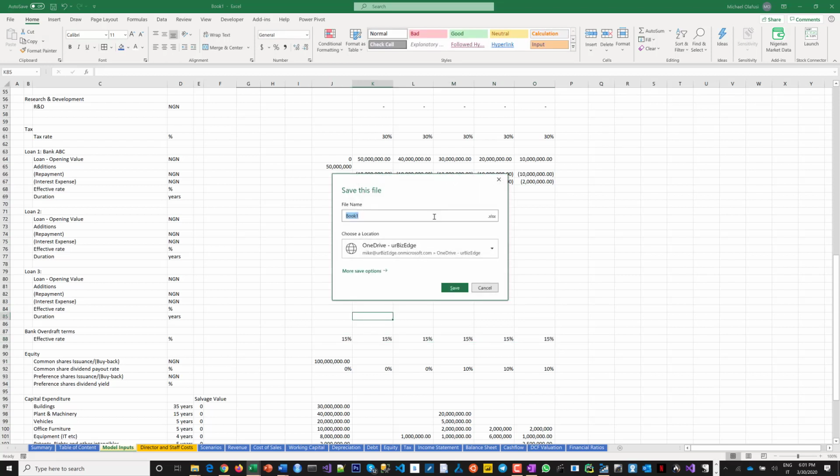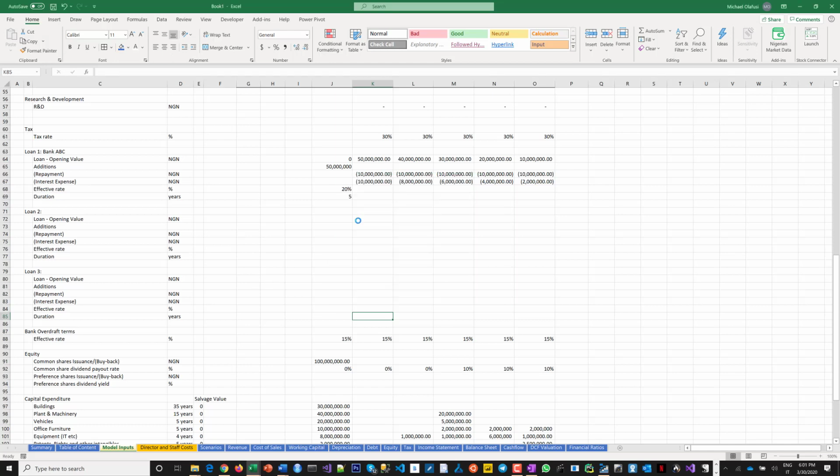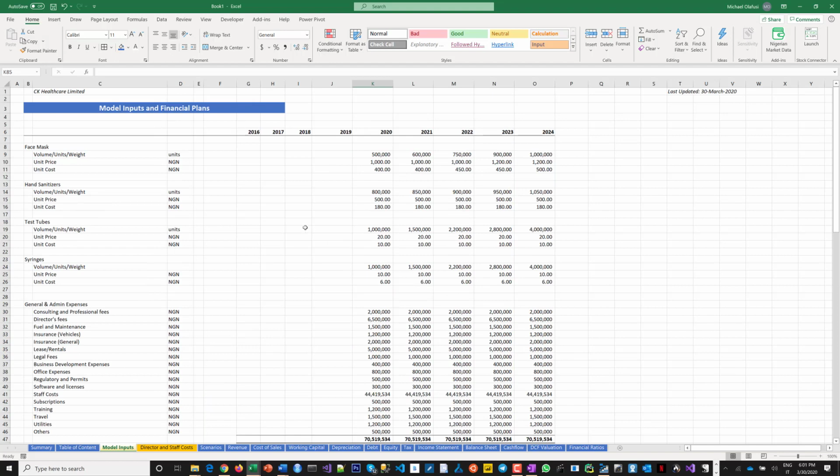Alright. So I'm going to save this, because right now we have started the model, and then I can attach this as the outcome of this stage of the model creation. I'm going to call this, what's the company name again? I think CK Healthcare Limited.